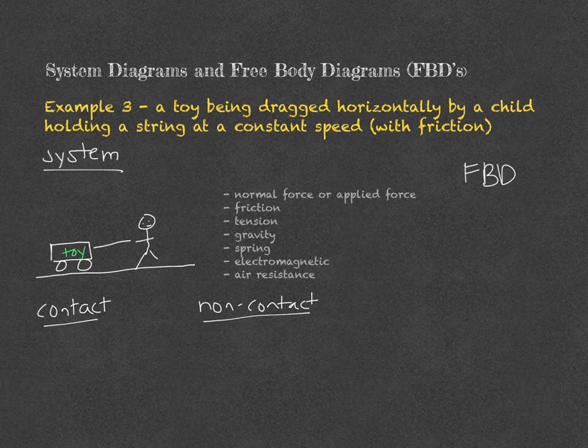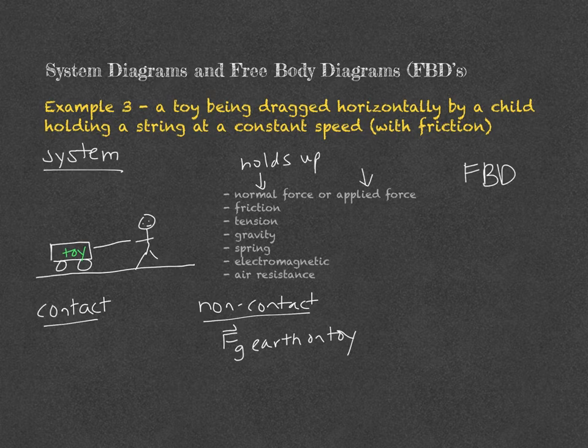There are going to be lots of other forces, but we're going to look at the forces on the toy. So just the force of gravity of the earth on the toy. What other forces are acting on the toy? Let's check them out. We could have a normal force that's holding it up. That normal force is what holds it up.